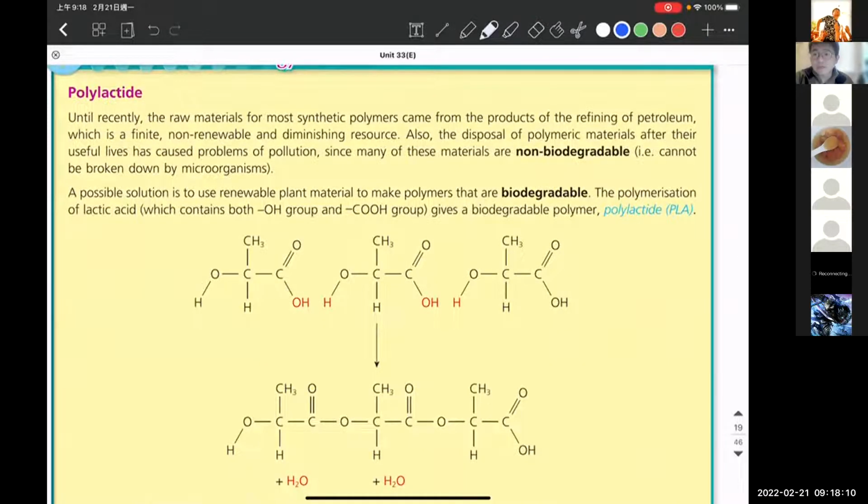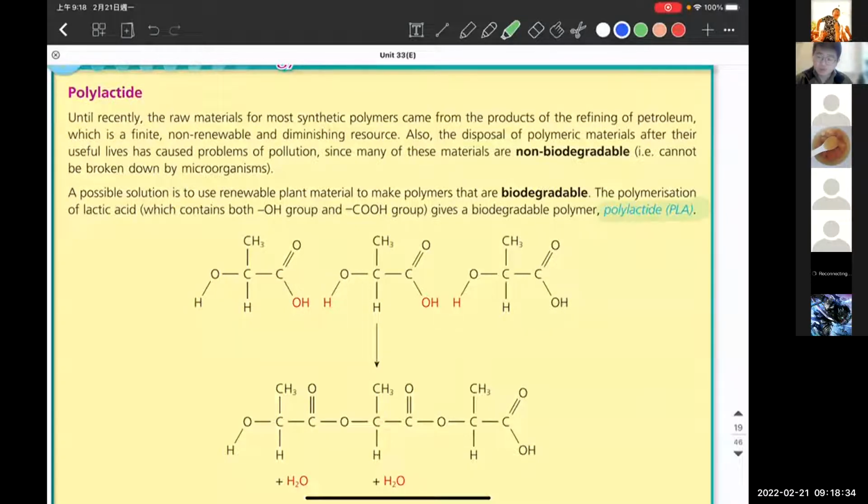Now, we have got a daily application of that polymer. It is a type of polylactide, PLA. Have you ever heard of this? PLA. The one you use in a 3D printer.